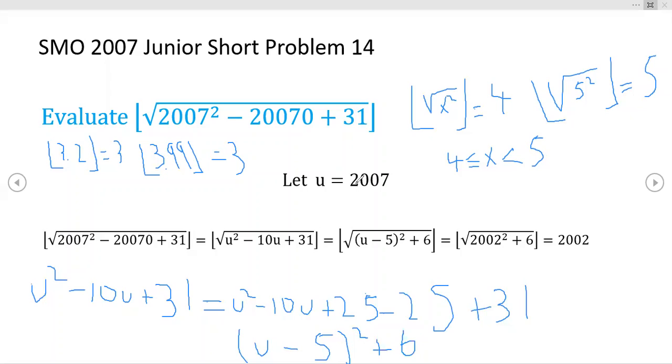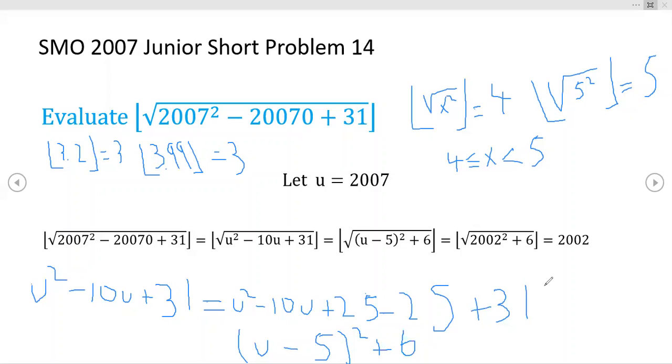u was assigned the value of 2007. 2007 minus 5 gives you 2002. But you see, the floor of this has to be 2002 for the very same reasons that the floor of this is equal to 4. Let me see if I can get this written down.